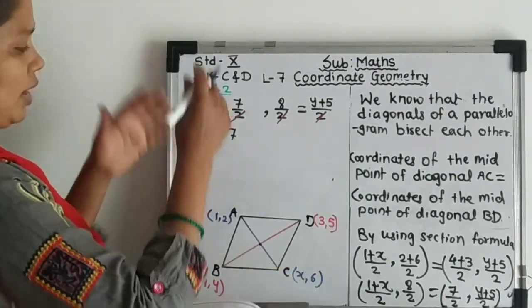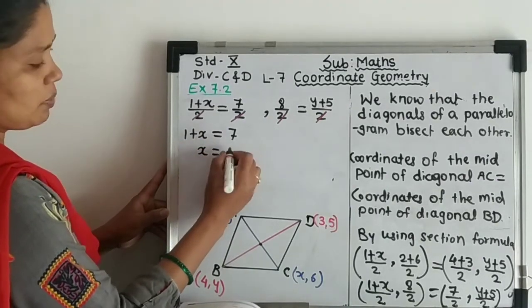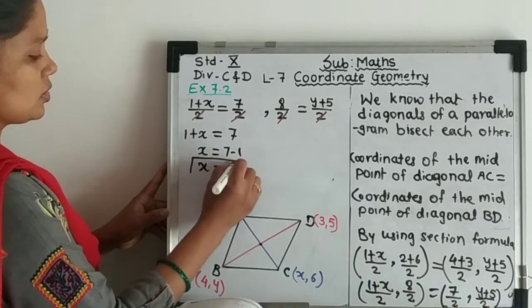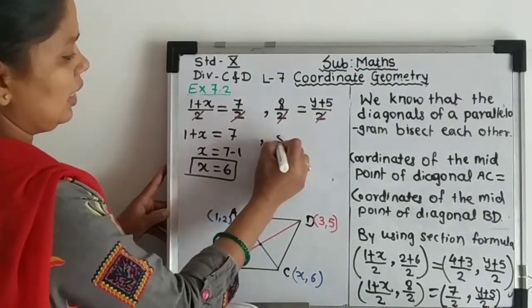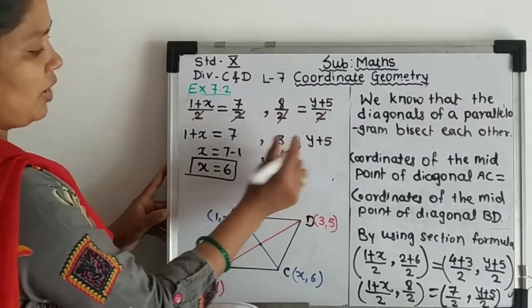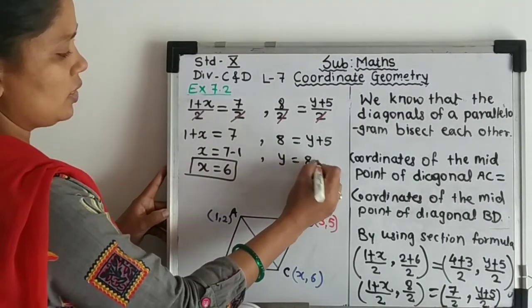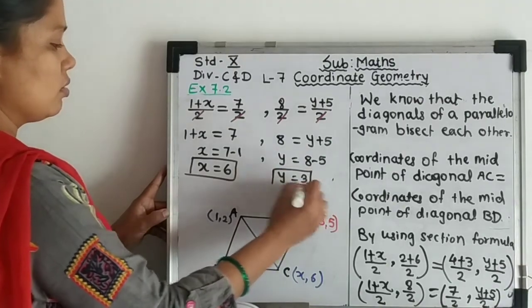Right? Just try to reduce the steps. Now plus 1 is there, so we subtract: 7 minus 1, so x equals 6. Similarly, here we have 8 equals y plus 5. Now transposing 5, y equals 8 minus 5. So y equals 3.